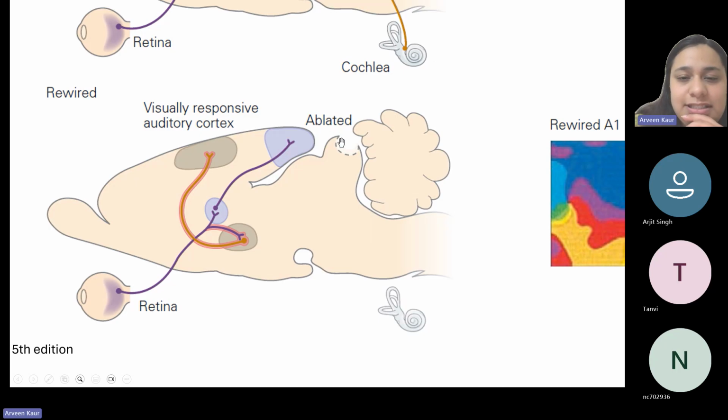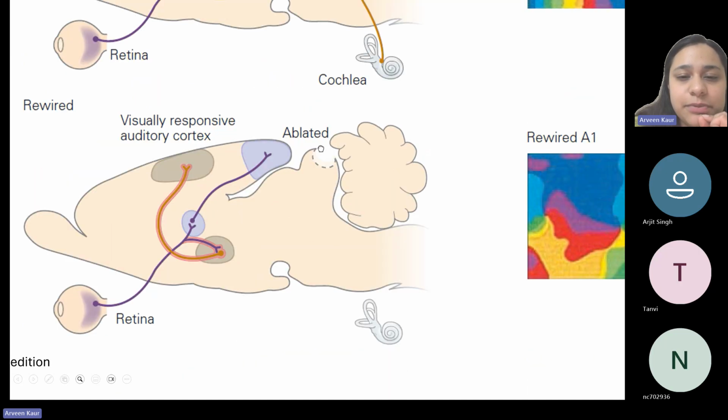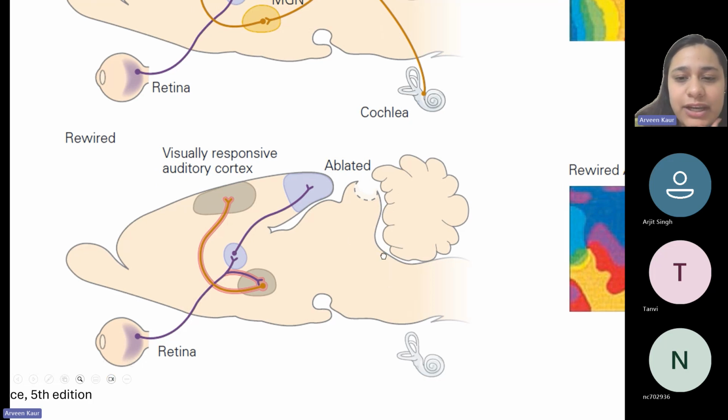If, for instance, this inferior colliculus region, to which this cochlea was taking the signal so that it was being carried forward and finally being reported to the auditory cortex, if this particular colliculus region has been ablated or it has been removed, right?